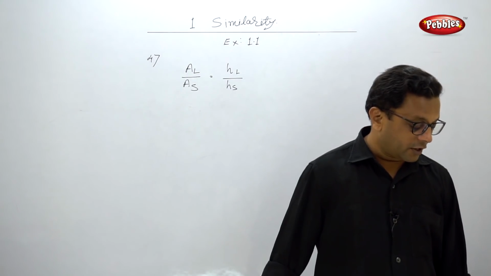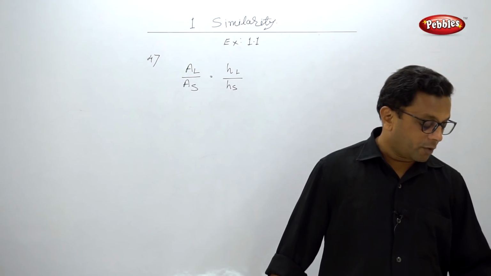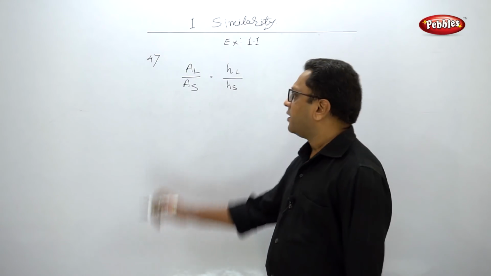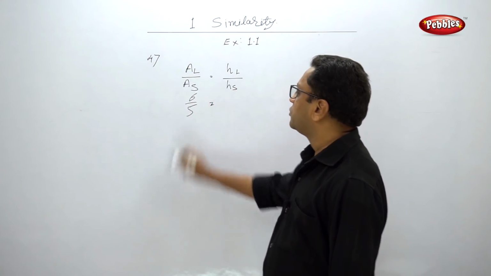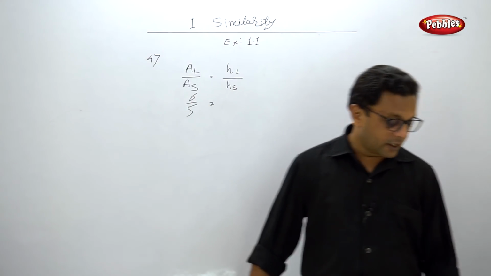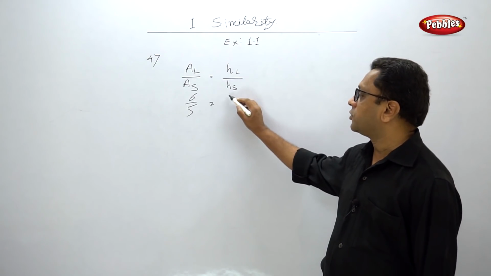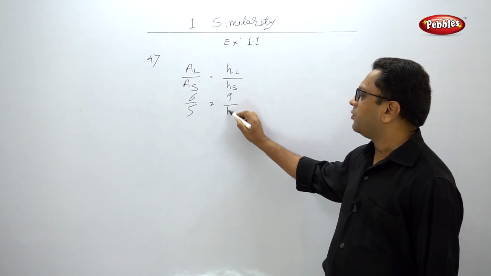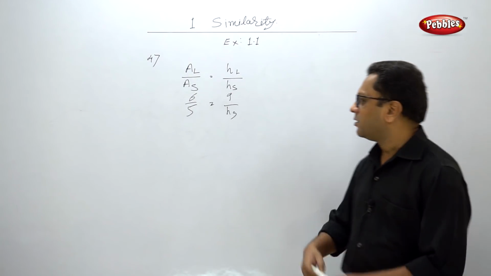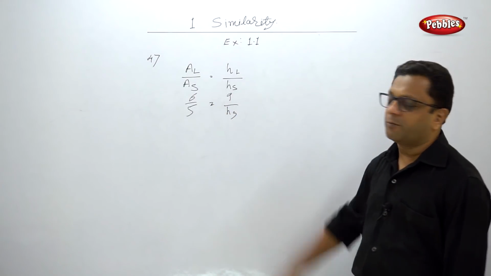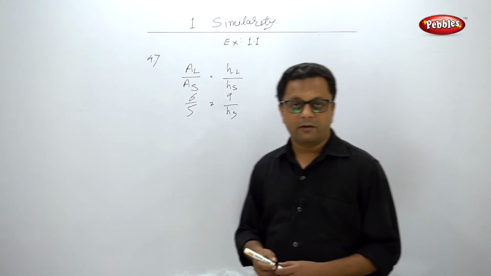Then the ratio of areas is already given as 6:5. The height of the larger triangle is given as 9 centimeters, and you have to find the height of the smaller triangle. Extremely easy example. 6 upon 5 is equal to 9 upon HS, and you have to just find out the height of the smaller triangle.